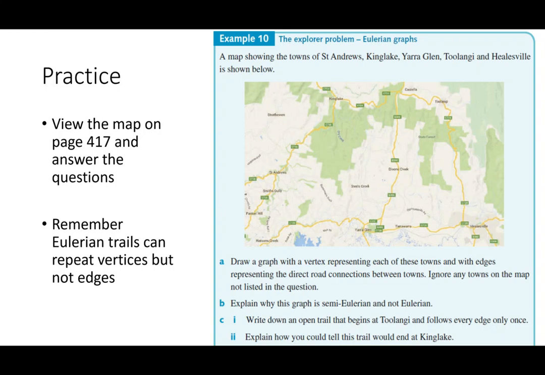This semi-Eulerian trail will always end at the other odd vertex, which is King's Lake if you start at what's called Tulangi. That's all there sort of is to that one.